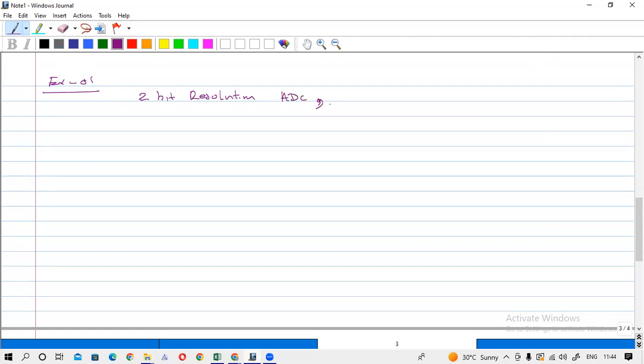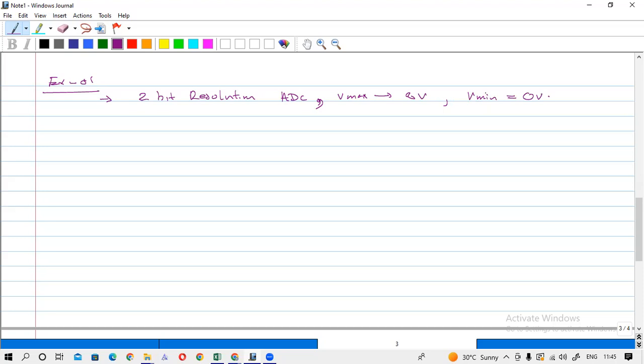For the easiness, I take 2 bits. And let's say that the maximum input voltage is 8 volt, and the minimum input voltage is 0 volt.